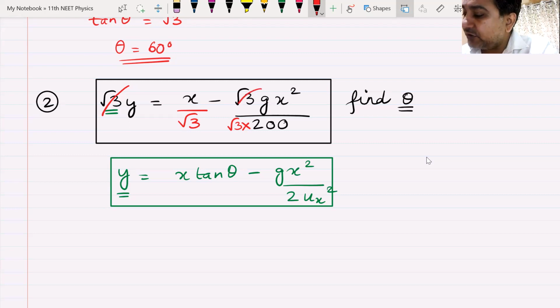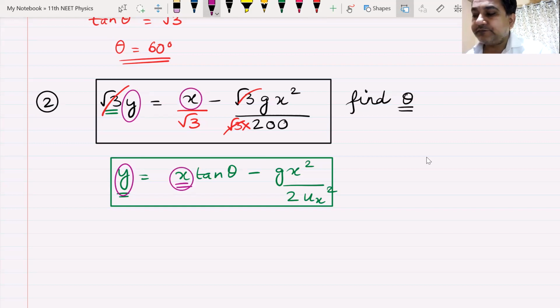Now I can take this root 3 out, this root 3 out. Now I can compare this new equation with the green original equation. Y here, y here, root 3 is gone already. X here, x here, no problems. Tan theta here, 1 by root 3 there.